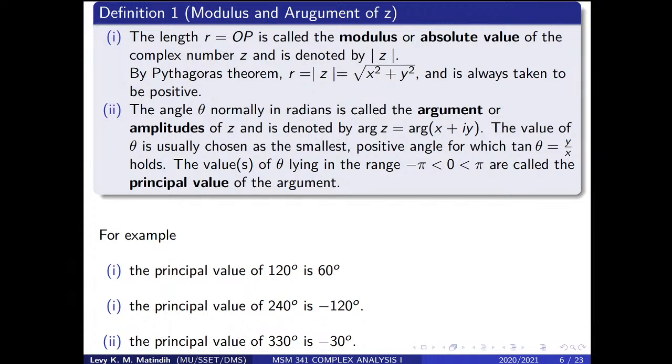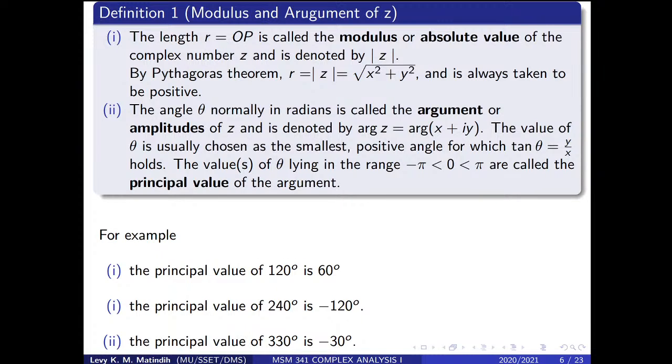Also remember that an argument is not limited. It's not unique. It's a multiple of 2n pi. Now, the principal argument is very unique.